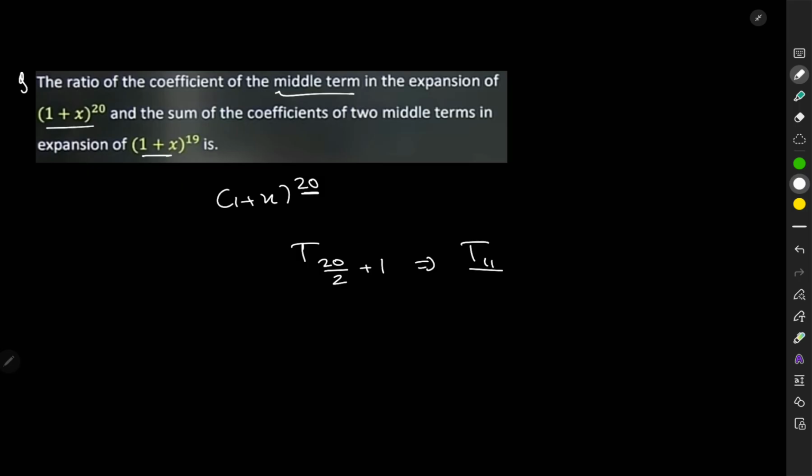In the second, two middle terms will come for sure, and they will be t of (n plus 1) by 2, so n is 19 here, which gives t10 and t11.